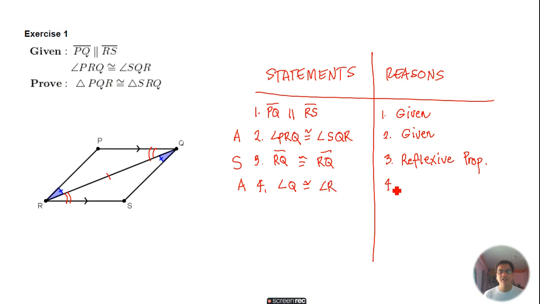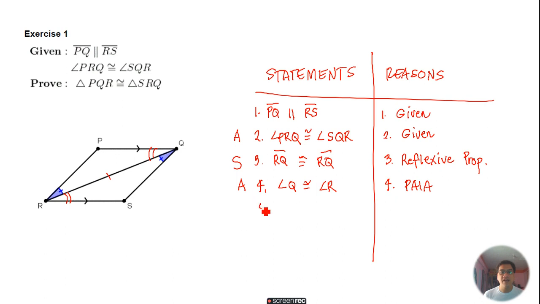And what will be our reason? Our reason is the parallel lines theorem. Because we have parallel lines cut by a transversal, angle Q and angle R are alternate interior angles. So we are done with the ASA. We have an angle, we have the side, and we also have another angle.